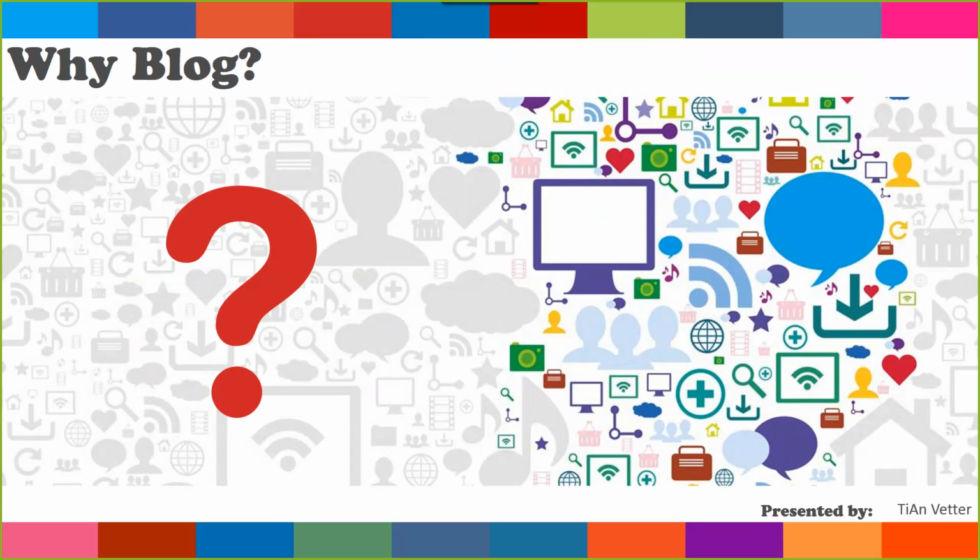So why blog, other than it being a requirement of a master's program? The reasons for having a blog mostly surround the fact that we're incredibly social beings and we have a lot to say and a lot of strong opinions. So having a blog is a great medium for individuals to express themselves and to put their thoughts and their feelings out there in the world. And it makes sense that this is such a hugely popular thing to do right now because you can reach so many people with a little bit of effort.